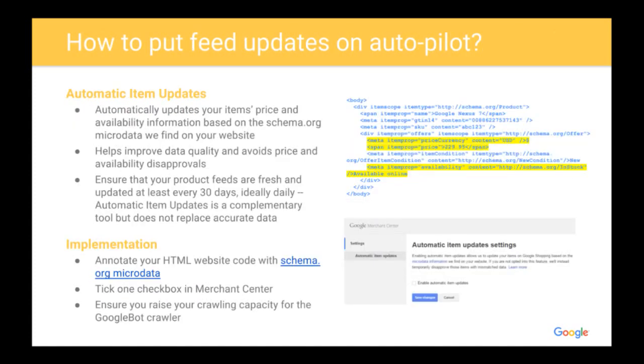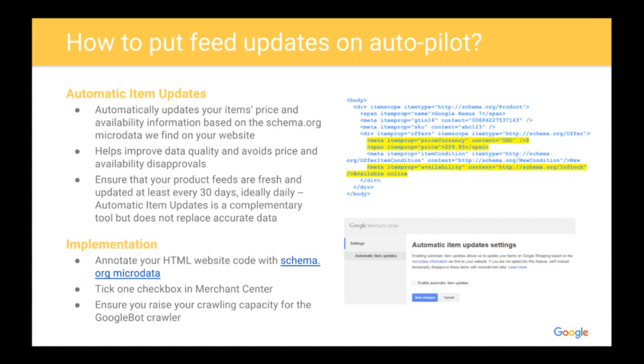All right, so further discussing price and availability, this is an important topic again because we do see lots of products disapproved if there's a mismatch in pricing and availability. So we have a few ways to solve for this.